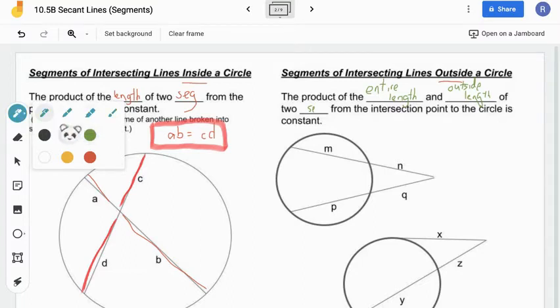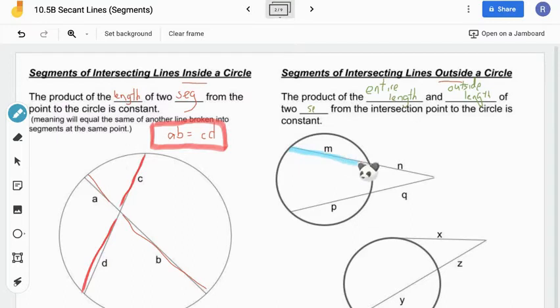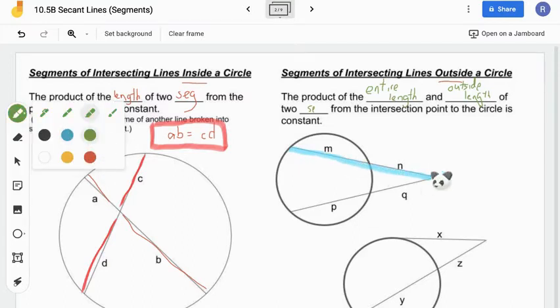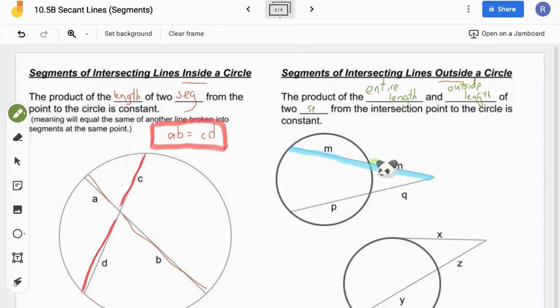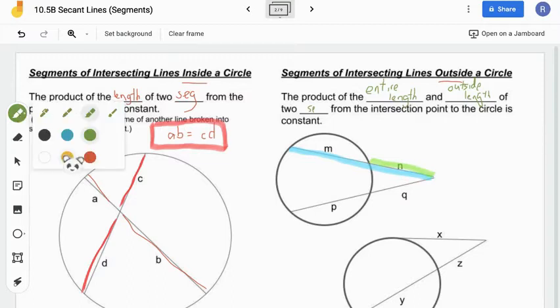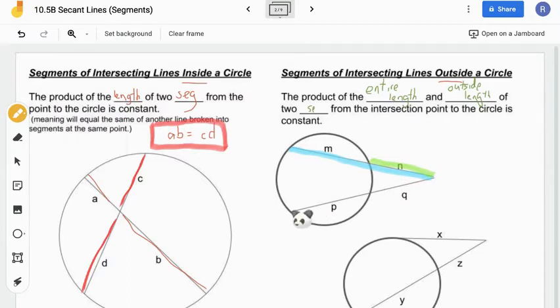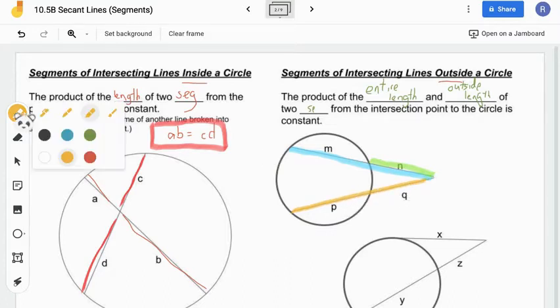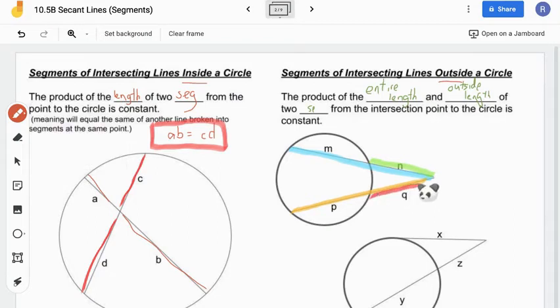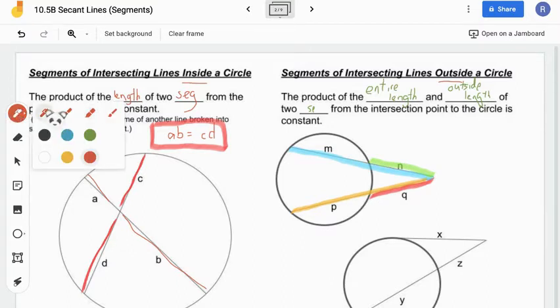And so what that means is it's saying if I take this entire length and I multiply it by the part of that outside, then that is going to be equal to if I took this entire length and I multiplied it by just the piece on the outside. Now notice these two segments, they have to be meeting at a point.